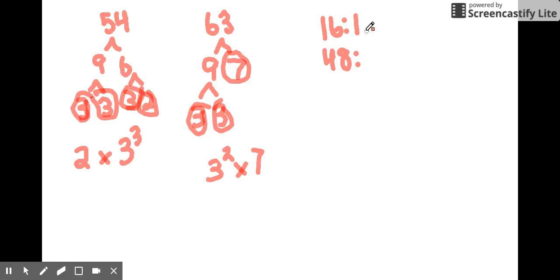We have 2. 2 goes into it. 3 does not. 4. 5, no. 6, no. 7. 8. 8 goes into 16. And then 16 goes into 16.